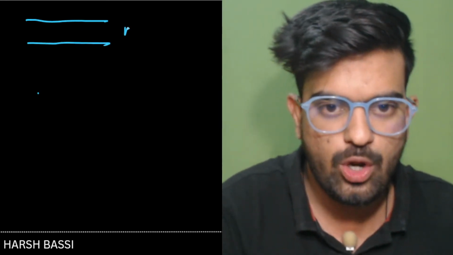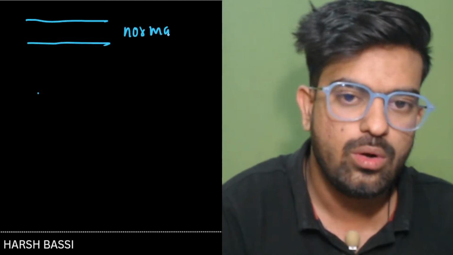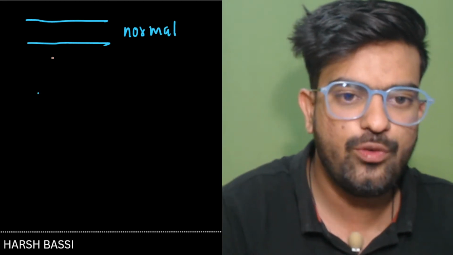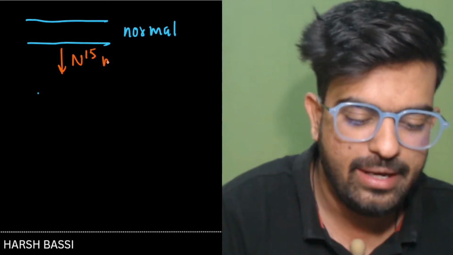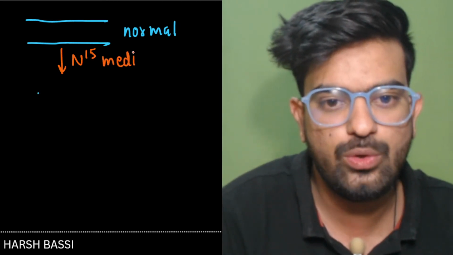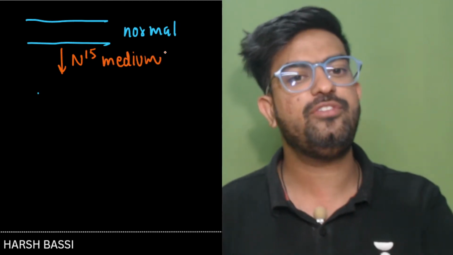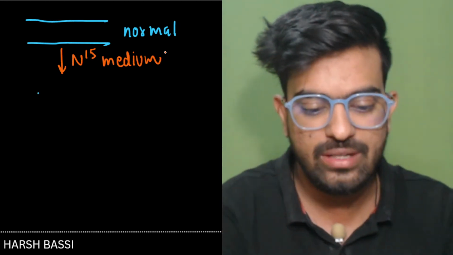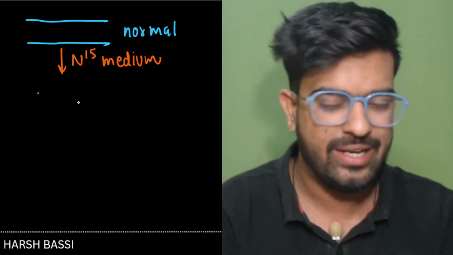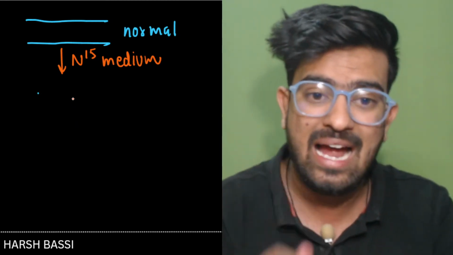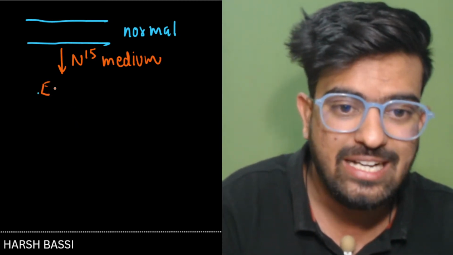This was the normal DNA of E. coli. Then this was allowed to grow in the N15 medium. When it was allowed to grow in N15 medium, the E. coli started to divide.